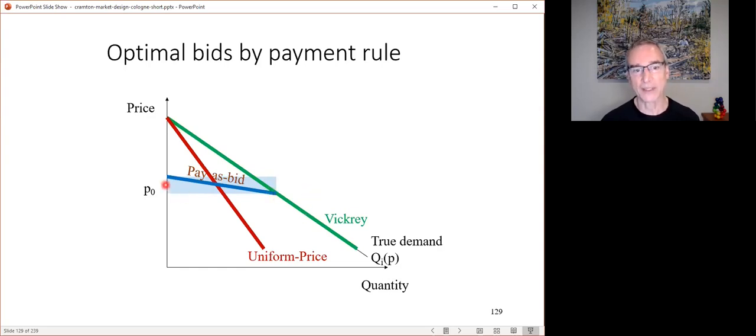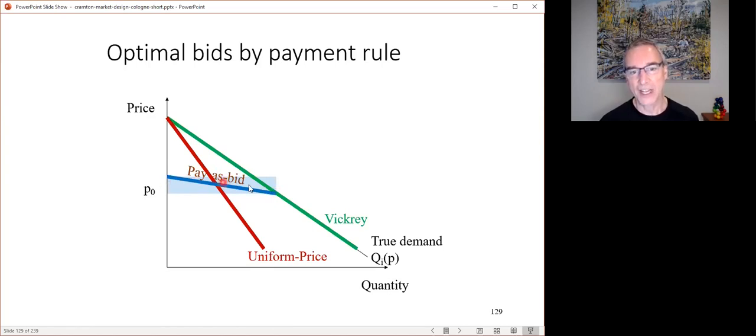If you knew exactly what the clearing price was, you would just bid a completely flat demand curve at the clearing price until it hit your true demand. So again, substantial shading, but notice the difference in the way the shading occurs. In pay as bid, I shade much more for those early units, and then much less for the later units, when I'm winning a large quantity.